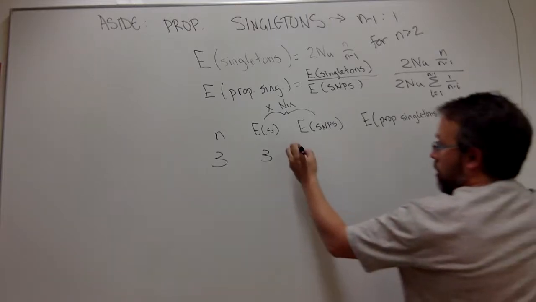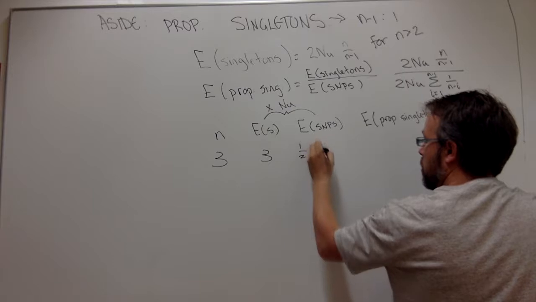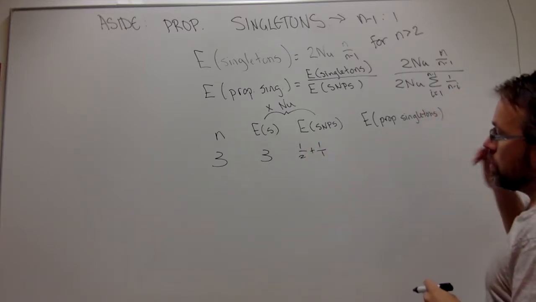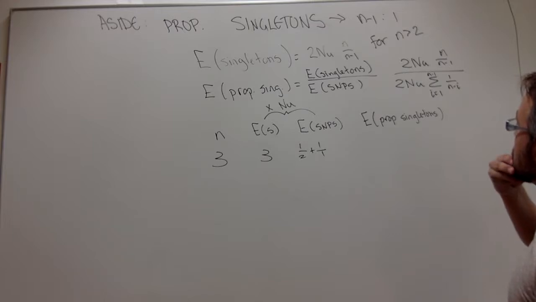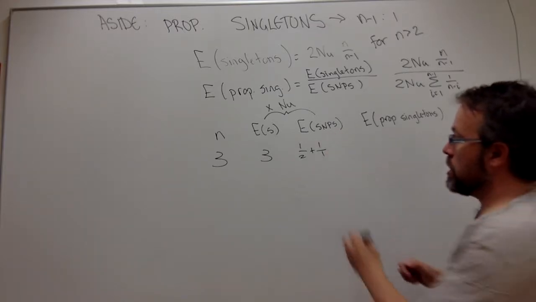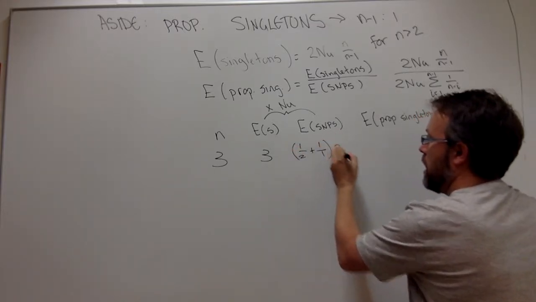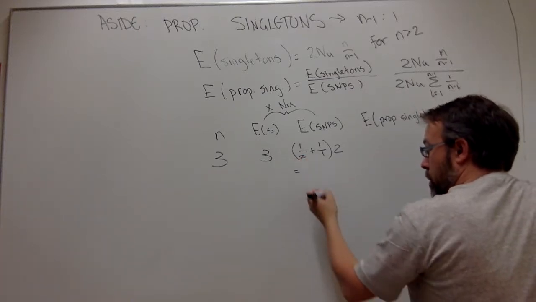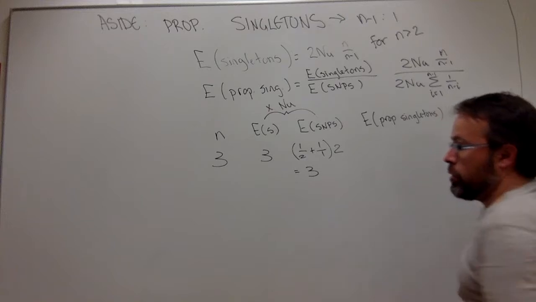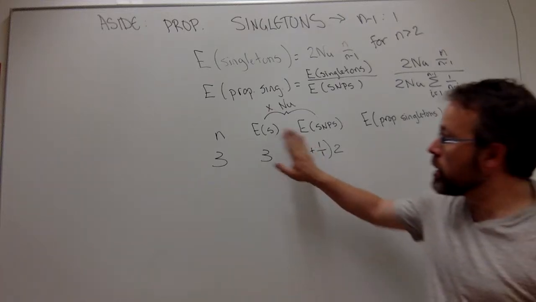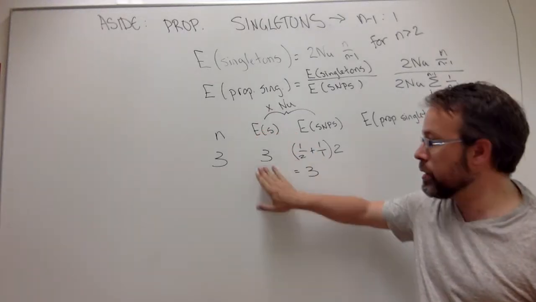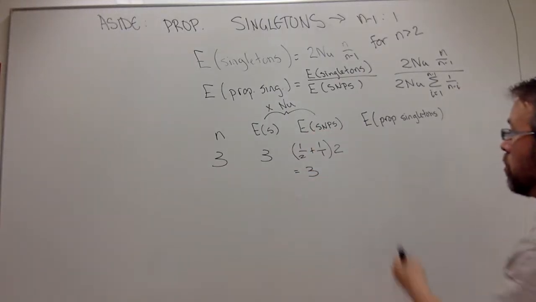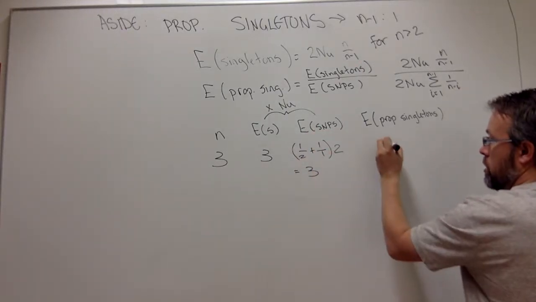So we get 1 over 2 plus 1 over 1, which is 3 halves times 2 times nu, which is 3. Expected number of singletons is 3, expected number of SNPs is 3. So we get 3 over 3 is equal to 1.